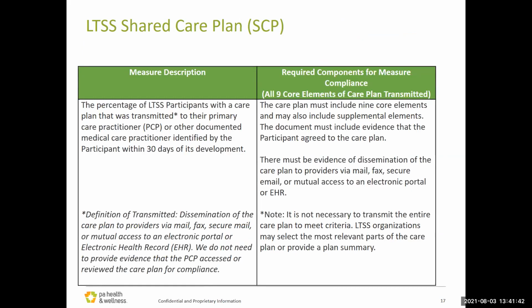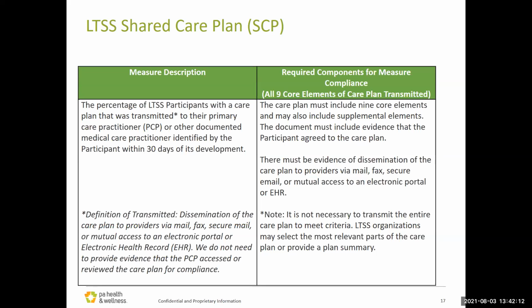And for SCP, the SCP measure is very different from the others. The other 3 measures are looking for assessments and updates and care plans. The shared care plan measure is the measure that looks for documentation that we uploaded the care plan or emailed, put it out on the provider portal, but somehow shared the care plan with the participant's primary care provider.